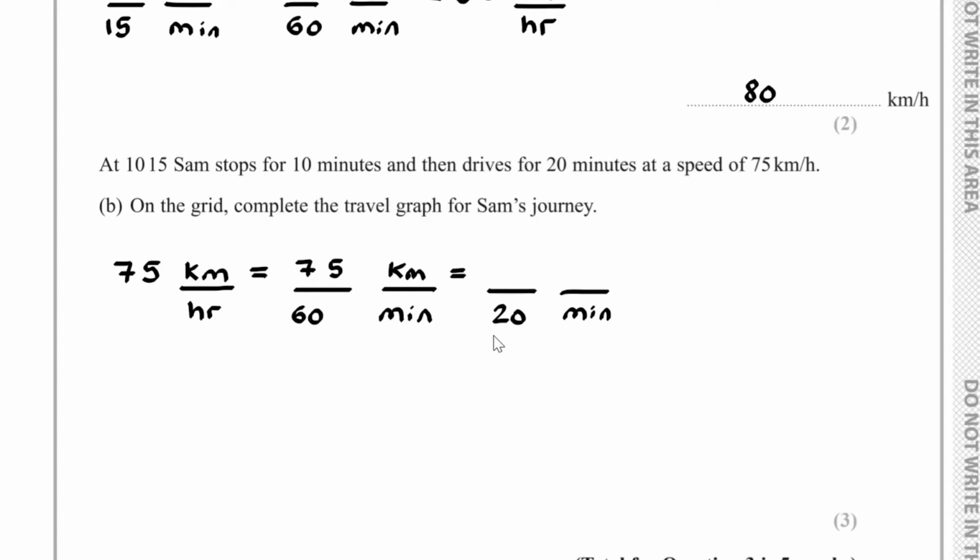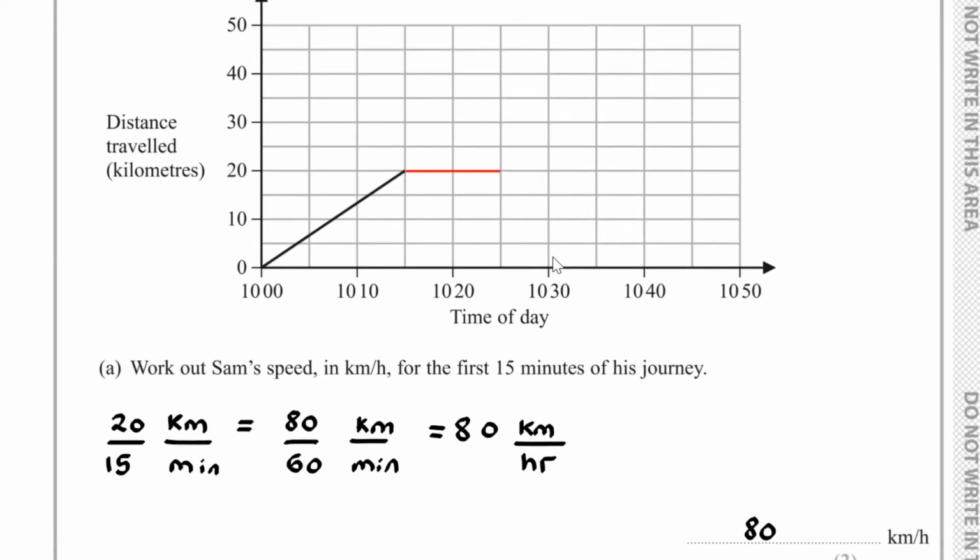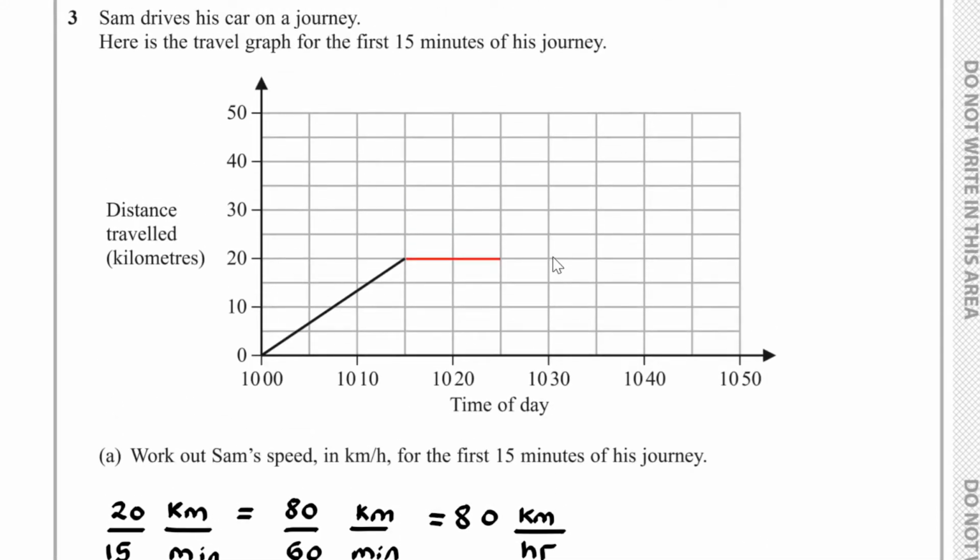And so from the 60 to the 20 we divide by 3. And so here we also divide by 3. 75 divided by 3 is 25. So in 20 minutes we've got 25 kilometers. So for the next 20 minutes we travelled 25.